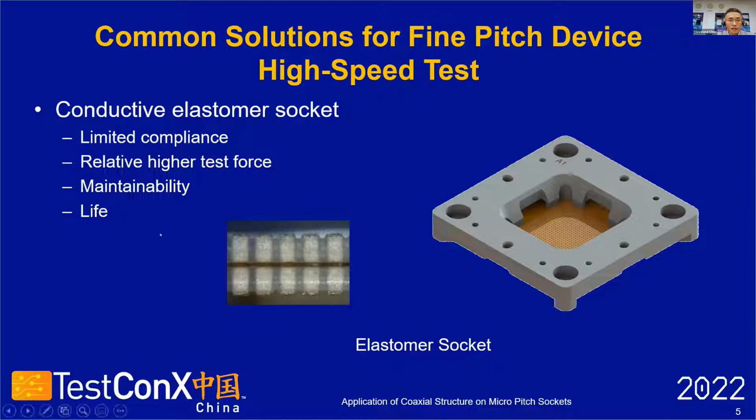Due to the elastomer material property and the conductive particle column working mechanism, there are special product properties for this product, like limited compliance, the individual conductive column force is relatively high, and like others, life maintainability. RF performance also needs to be considered if we use it for real application.